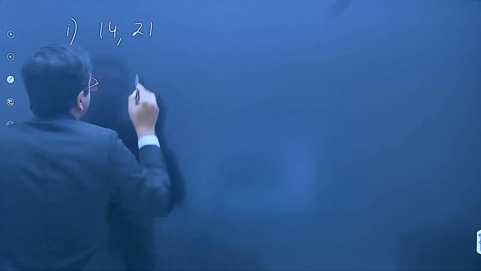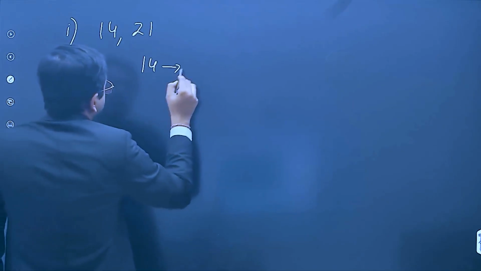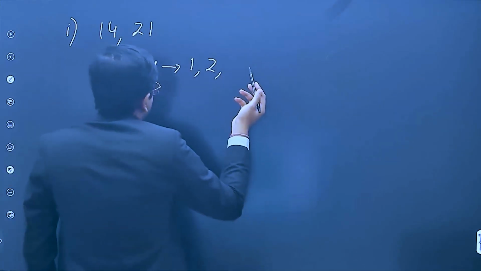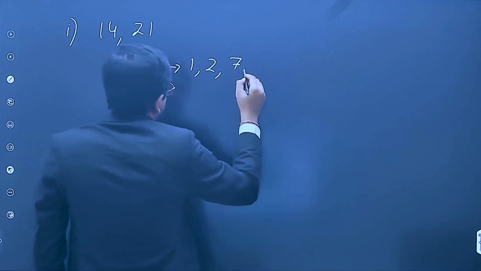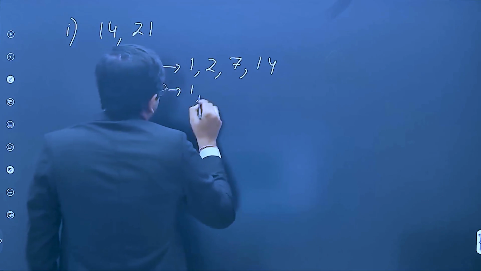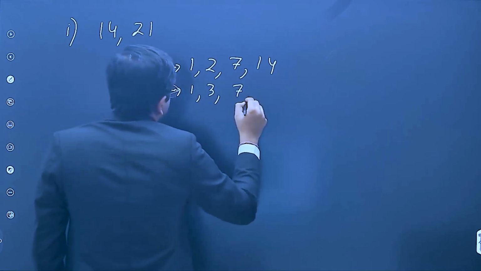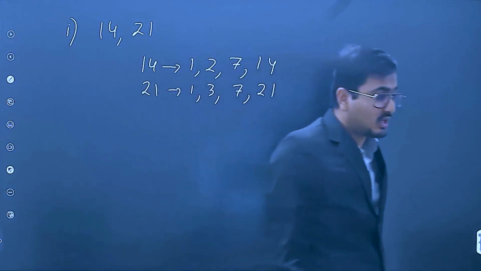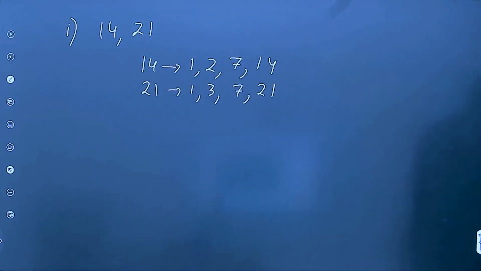Let's find the factors. 14, what are the factors? 1, 2, not 3, not 4, not 5, not 6, 7 and 14. 21: 1, 3, 7, 21. First we should write all the factors. Is it clear?